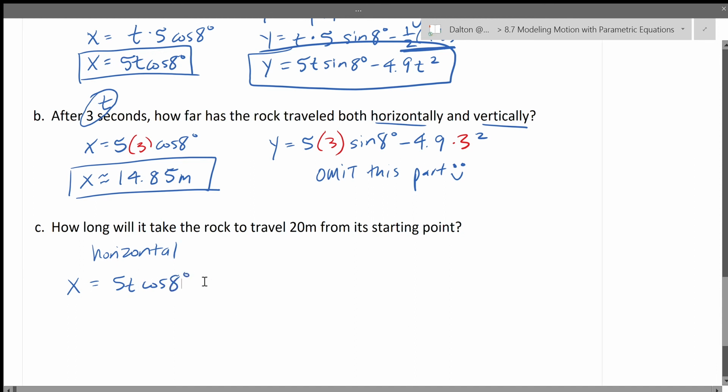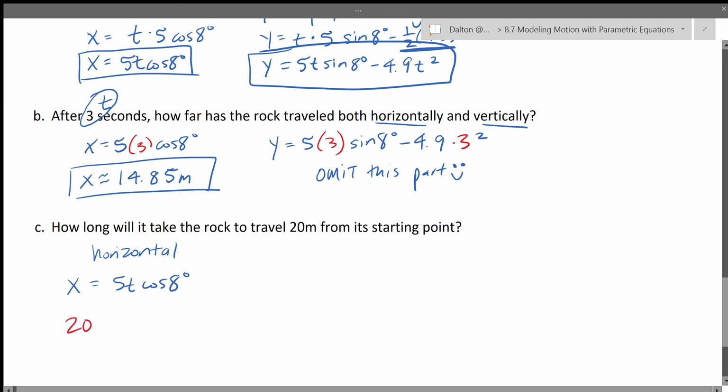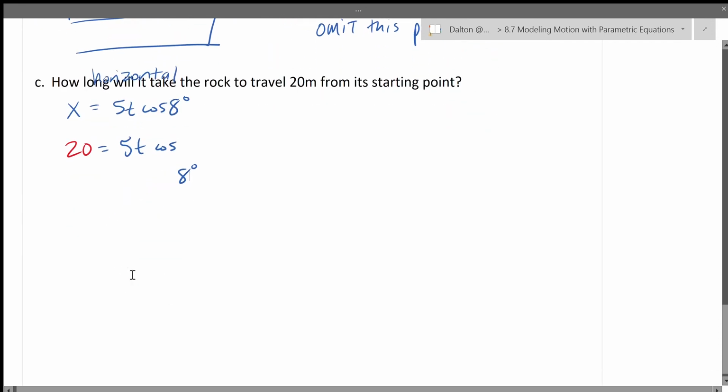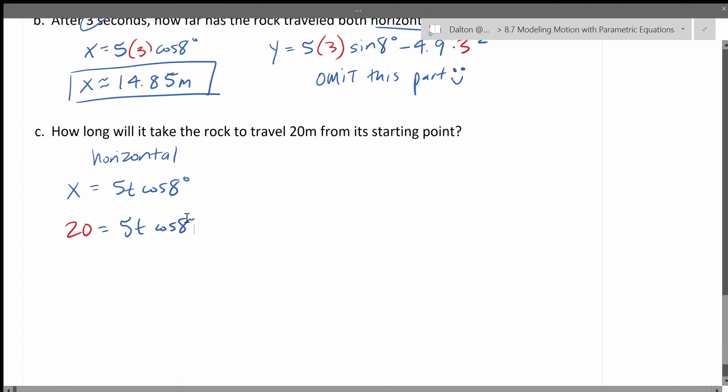What's happening here is instead of giving you a time, I'm giving you a distance. So I'm going to substitute in 20 for x, and then I want to solve for time. So 20 is equal to 5t times the cosine of 8 degrees. If I want to isolate t, remember that cosine of 8 degrees is a number, and so is 5.